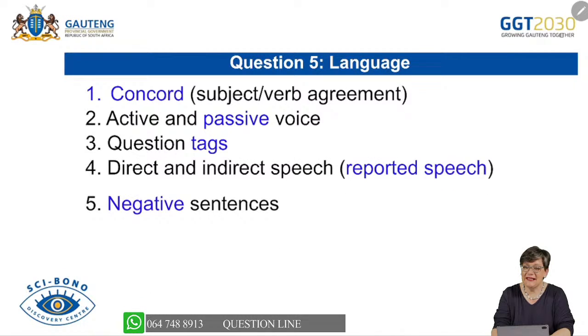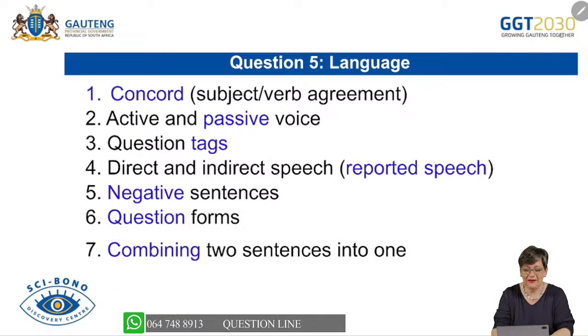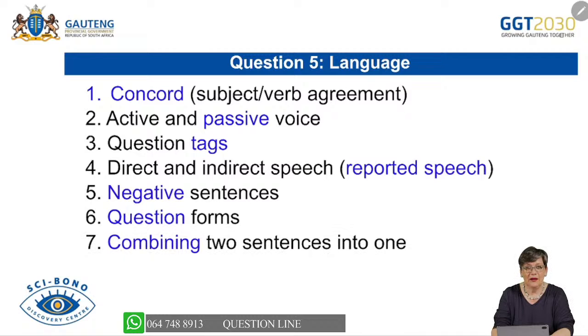Negative sentences, in other words, where you're required to write a sentence into the negative. Question forms, that's where we usually ask you to do a tag question, combining two sentences into one. These are all the things we usually ask you.